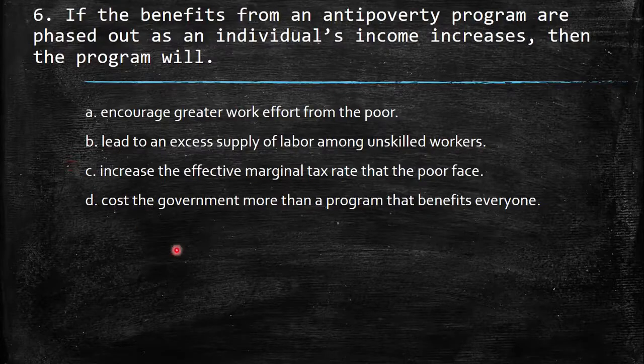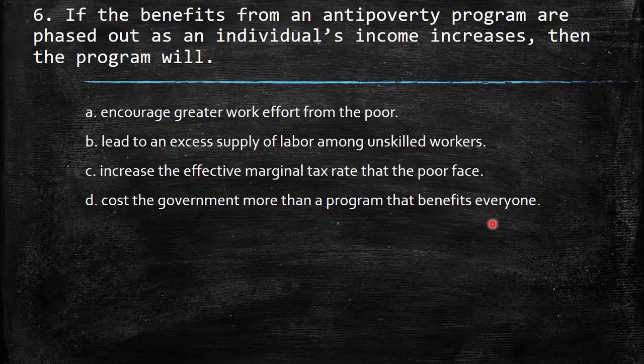The idea is that when benefits from the poverty program are phased out as an individual's income increases, it costs the government more than a program that benefits everyone.